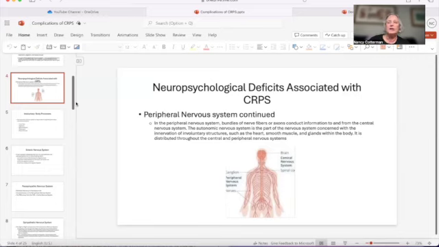The autonomic nervous system is the part of the nervous system concerned with the innervation of involuntary structures, such as your heart, smooth muscles, and glands within the body. It is distributed throughout the central and peripheral nervous systems.